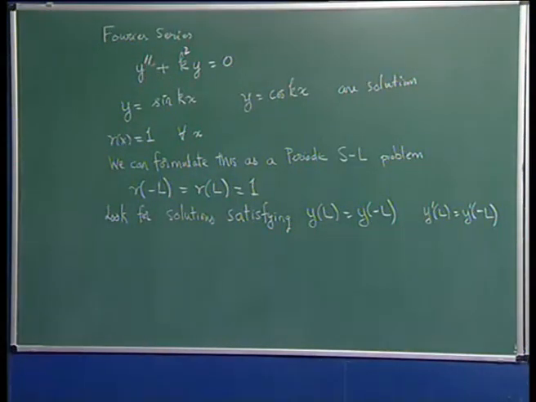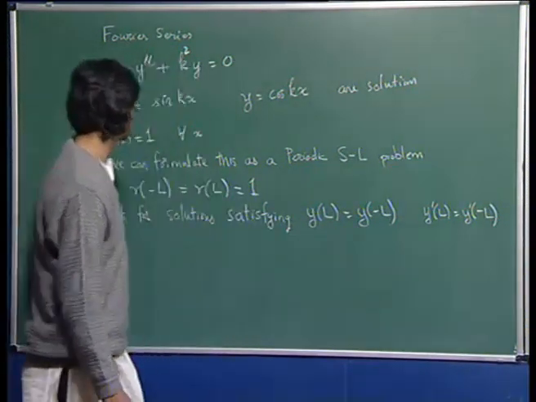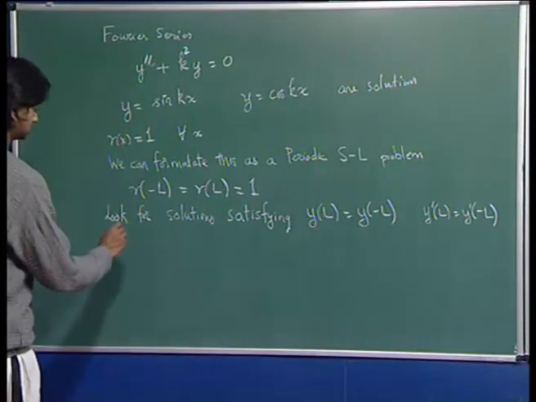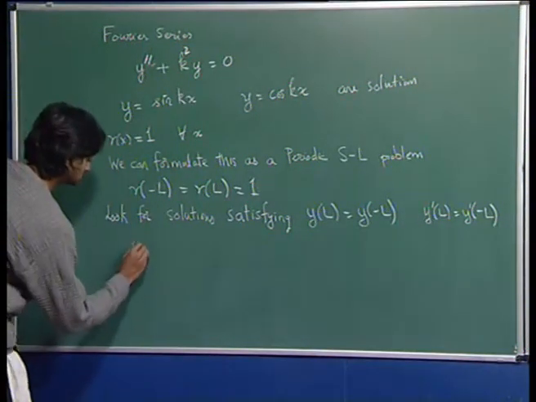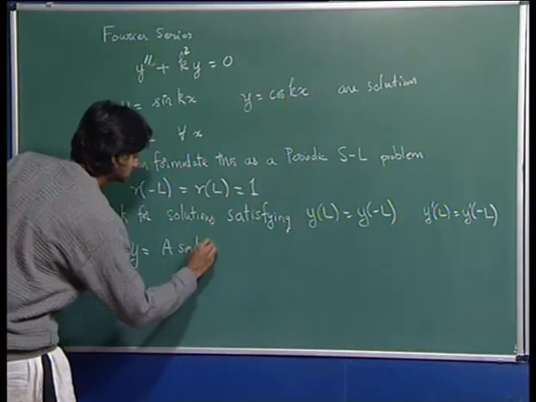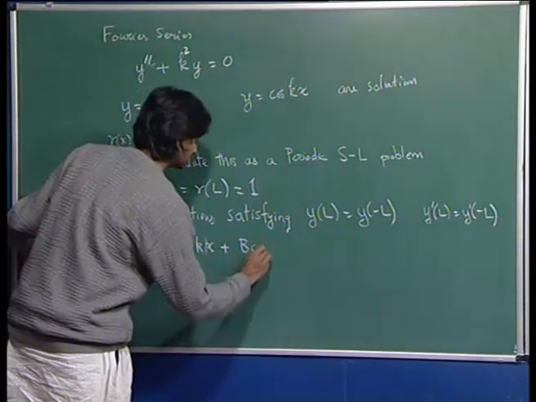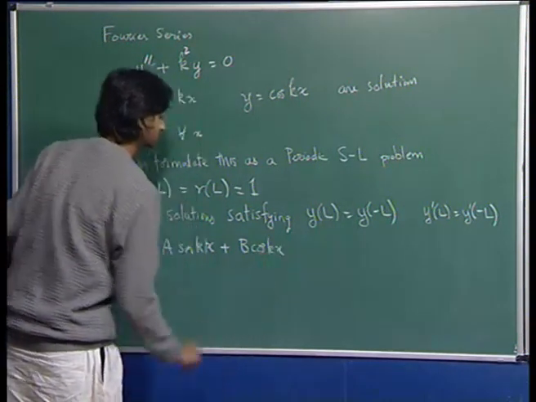And now, if you want to satisfy these boundary conditions, the general solution is A sin kx plus B cos kx.